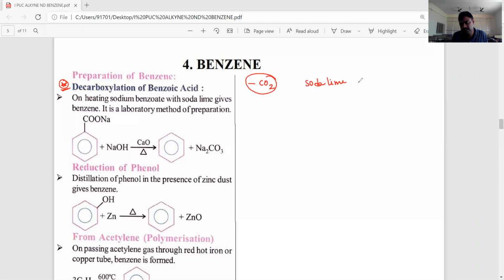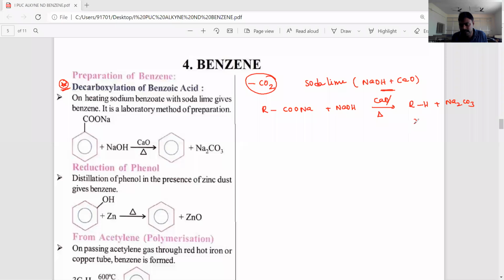Soda lime is a mixture of NaOH plus calcium oxide. We already discussed this equation in alkanes preparation. For example, take sodium salts of carboxylic acids, RCOONa, treated with soda lime, NaOH and calcium oxide, on heating to produce RH plus Na2CO3.